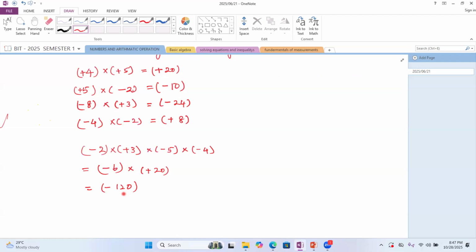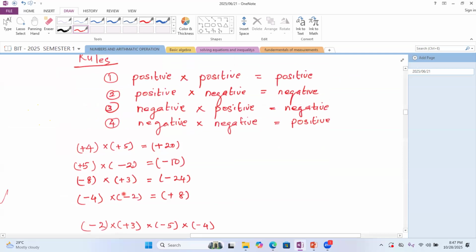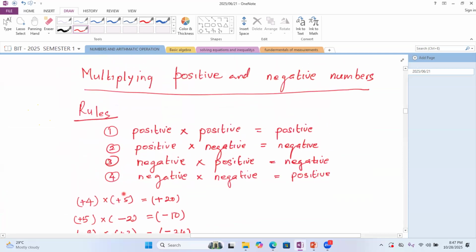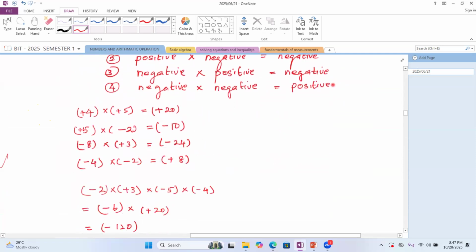Dividing negative numbers. The same rule. Here, multiplying positive and negative numbers and dividing positive and negative numbers follow the same rules.